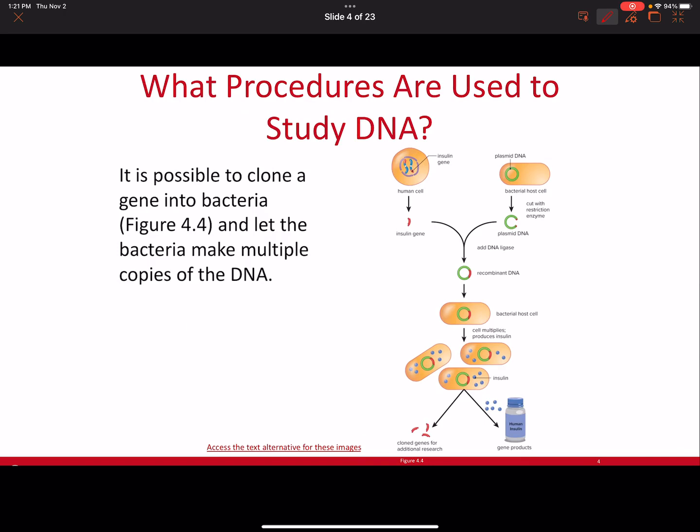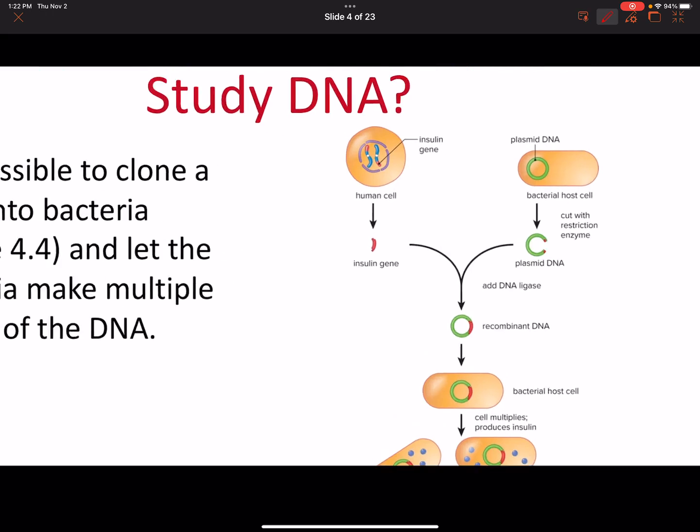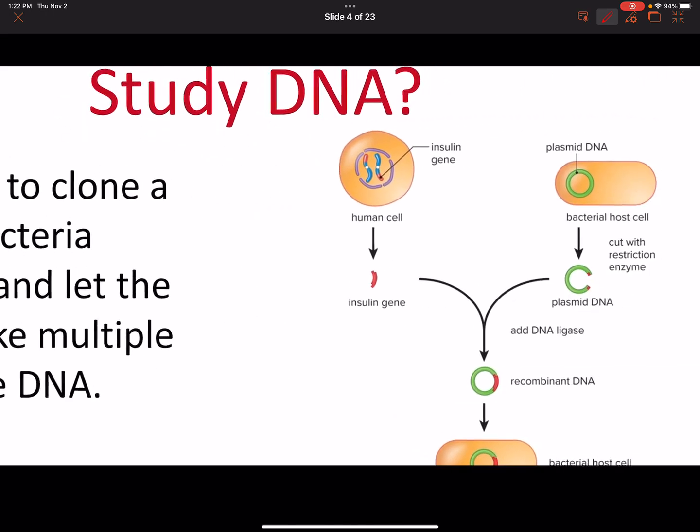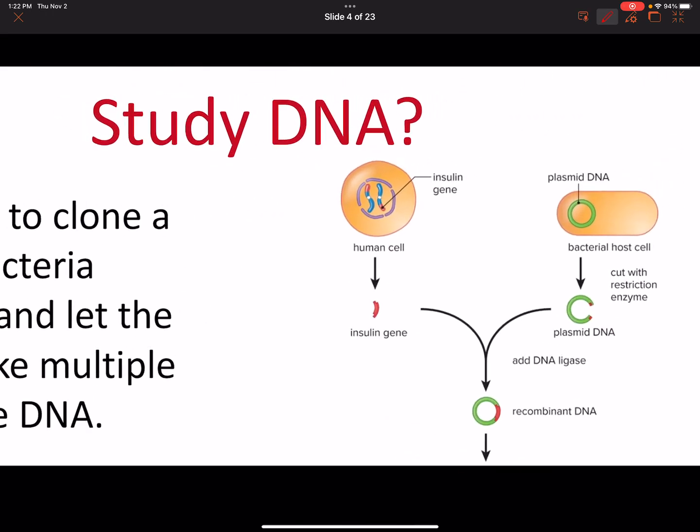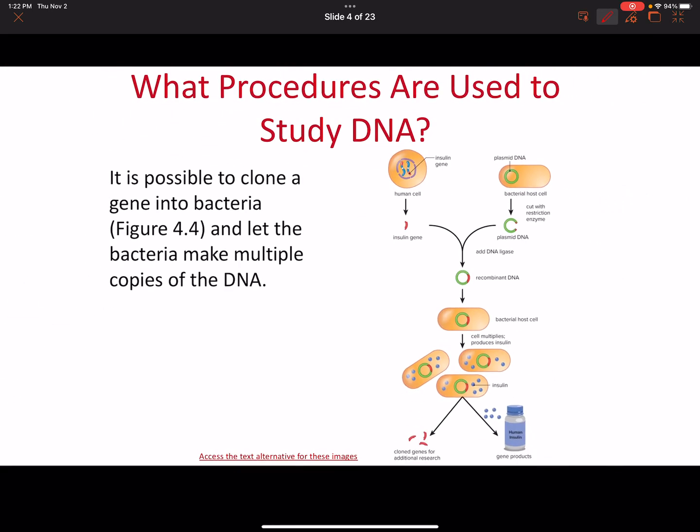It is possible to clone a gene into bacteria too, and let the bacteria make multiple copies of that DNA. So you would have a human cell here, and this human cell has an insulin gene on it. We could remove that insulin gene with some procedures, take a bacterial host cell, take this little plasmid, which is an extra piece of DNA that bacteria carry, and stick that insulin gene into the plasmid.